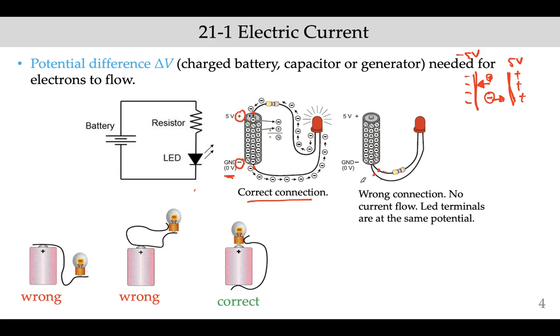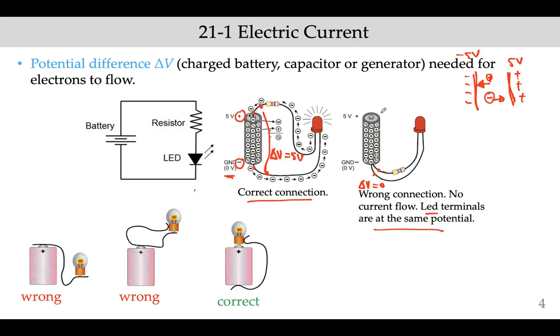So here delta V is 0, there's no potential difference between them. But here, the potential difference between this point and this point was 5 volts, so we would get a current flowing. Here you cannot get a current flow because these terminals are at the same potential.